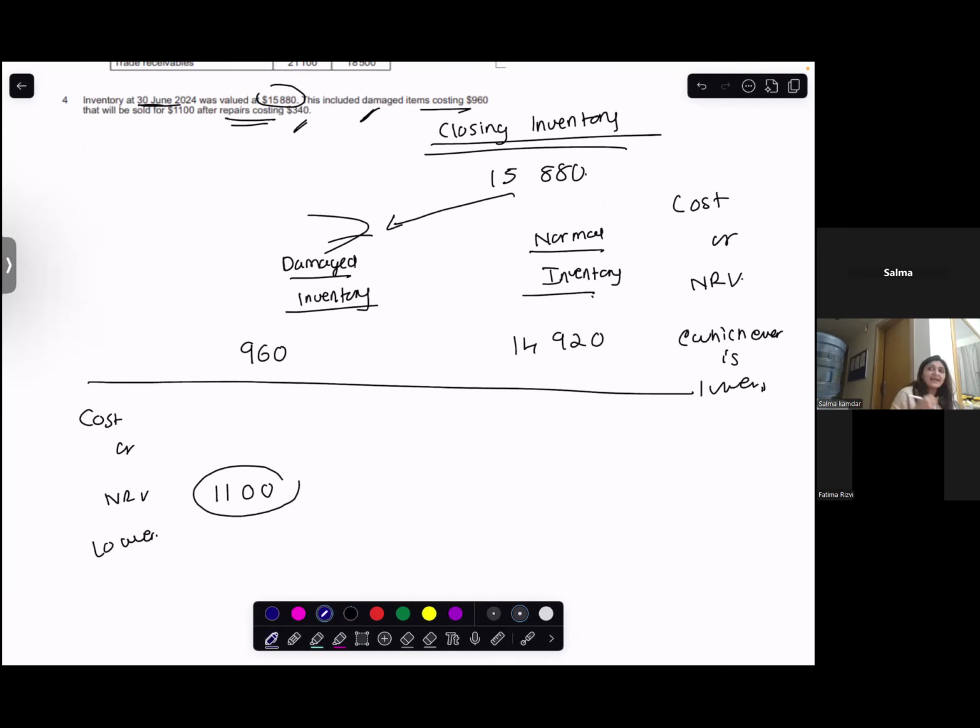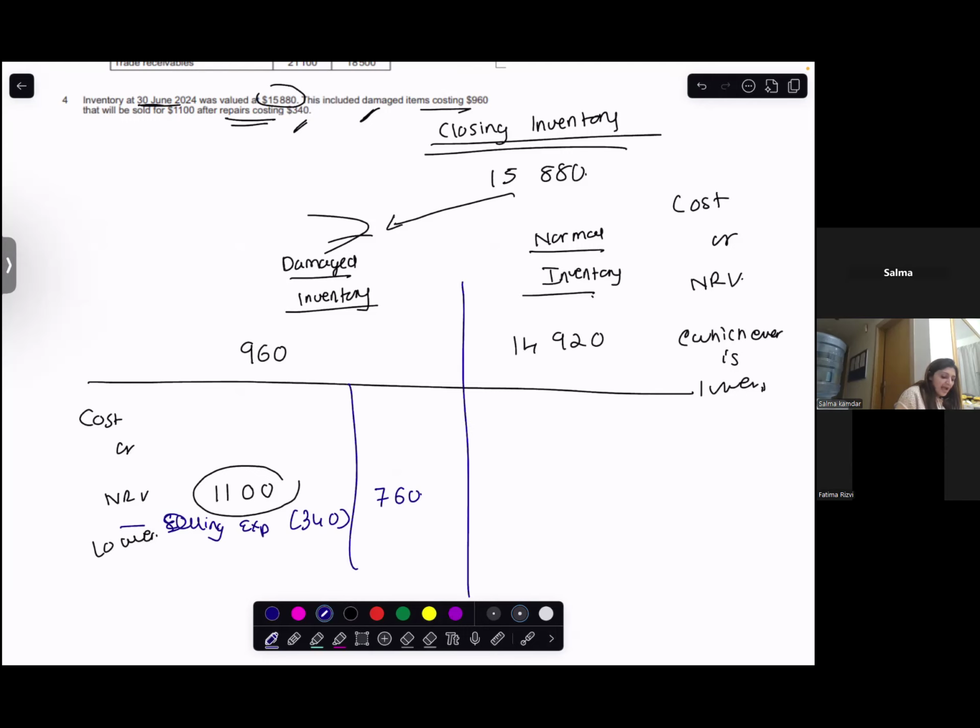So for any NRV, you do the estimated selling price minus all the expenses that you are going to incur to sell the product. So you minus the selling expenses. Selling expenses is 340. So my NRV becomes 1,100 minus 340, which is 760.